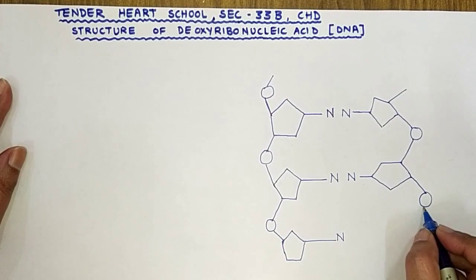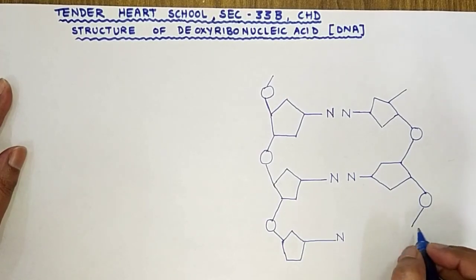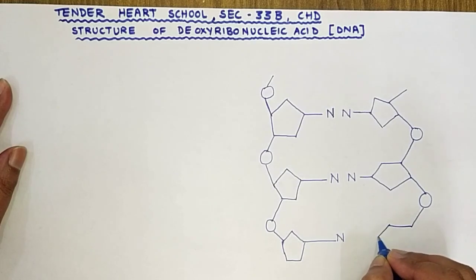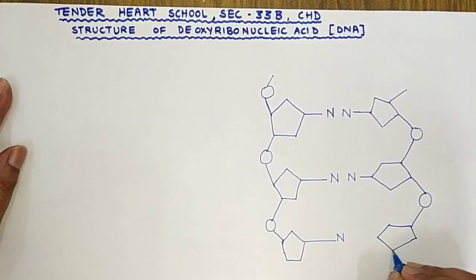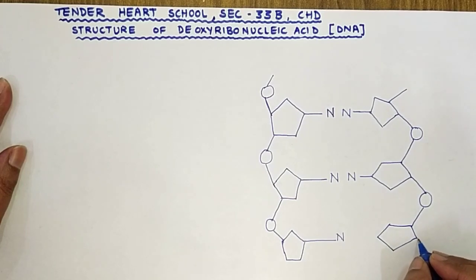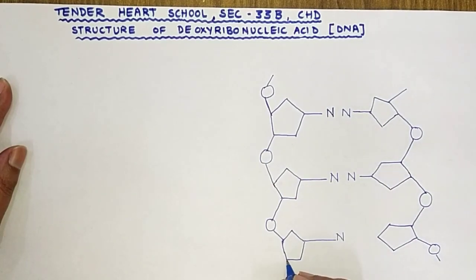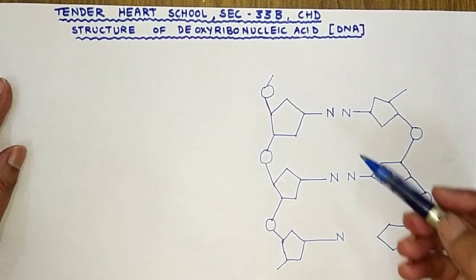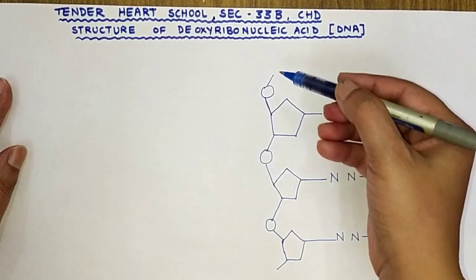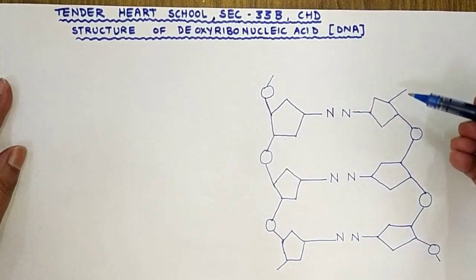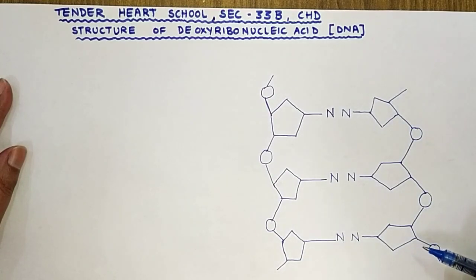Now again we have the pentose sugar, which is again attached to the phosphate molecule, right? And so on, right? And this side we have the nitrogen base. So this is one strand of DNA, this is second strand of DNA, right?